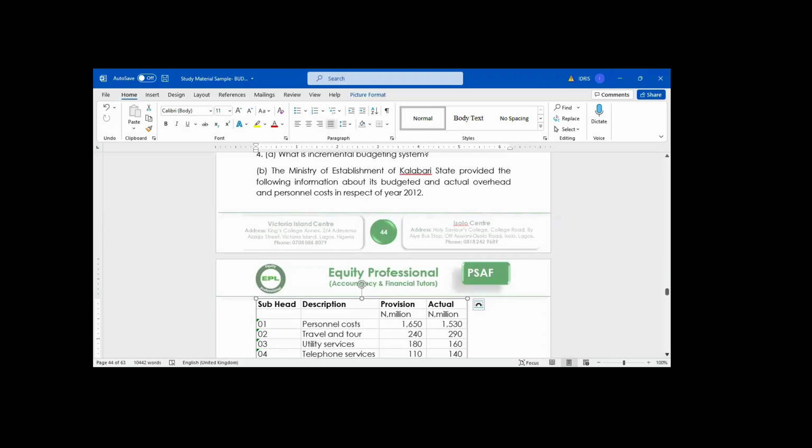Now, we start with the first one, which is personnel costs. The actual given to us is 1,530,000. How do we get that 1,530,000?